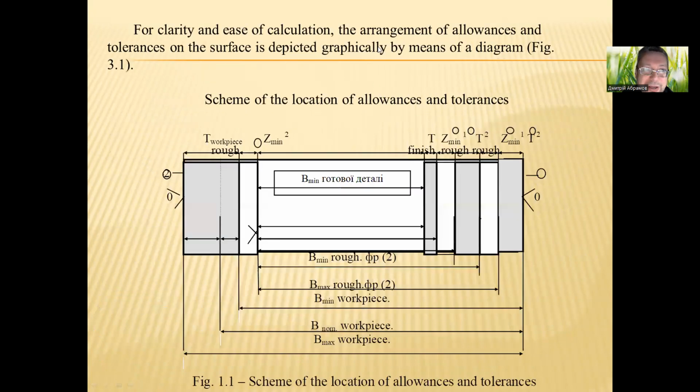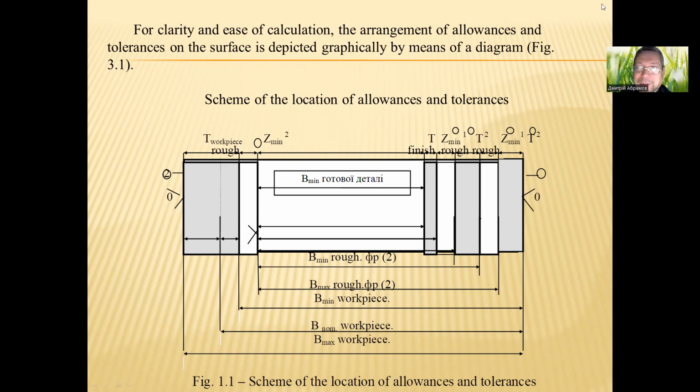For clarity and ease of calculation, the arrangement of allowances and tolerances of the surface is depicted graphically by means of a diagram in figure 3.1.